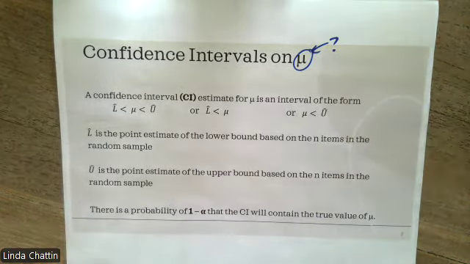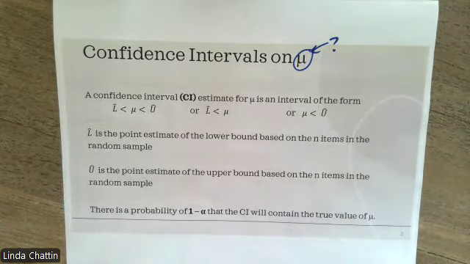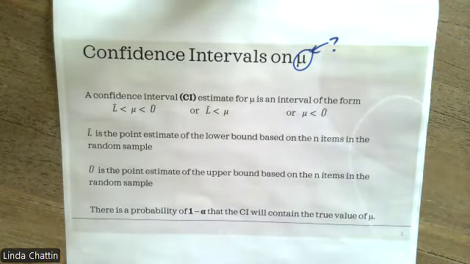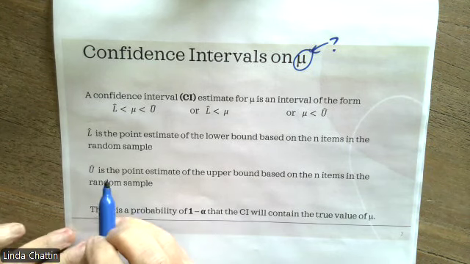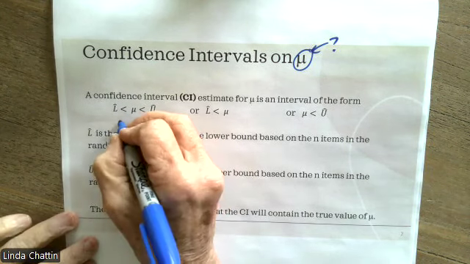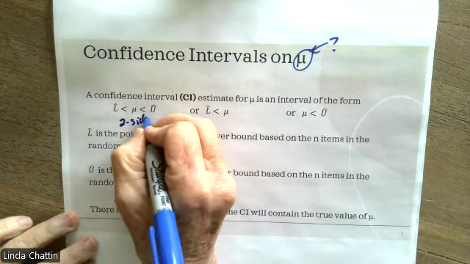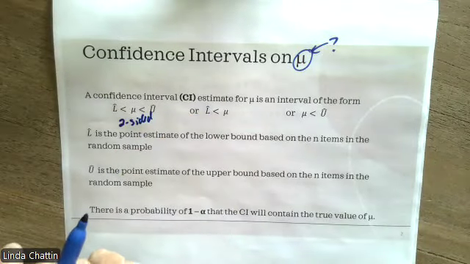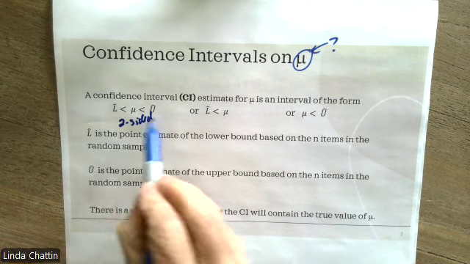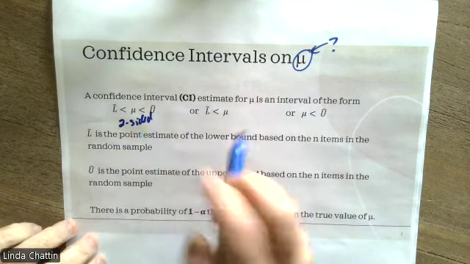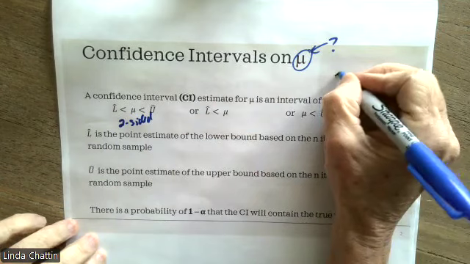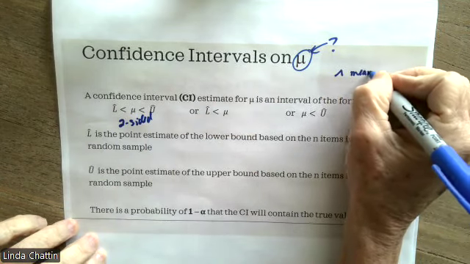There are three types of confidence intervals that we can do on the mean, or on anything really. The first is what we would call a two-sided confidence interval. That's where we get both an upper bound and a lower bound estimate. When you see these little hats above the L and the U, this hat means estimate.